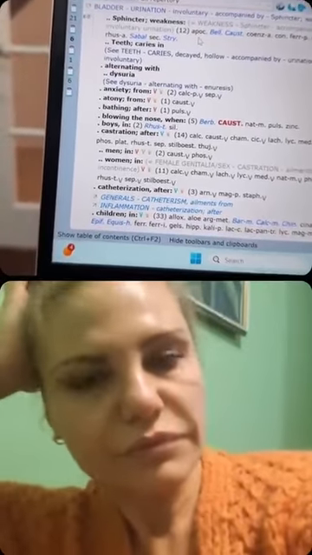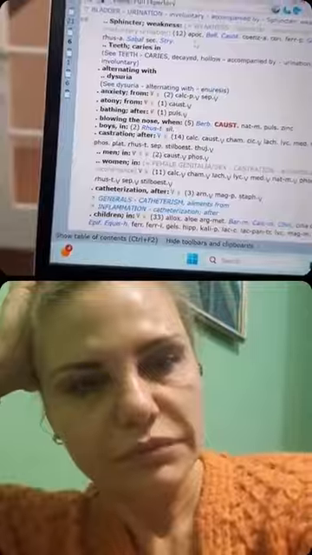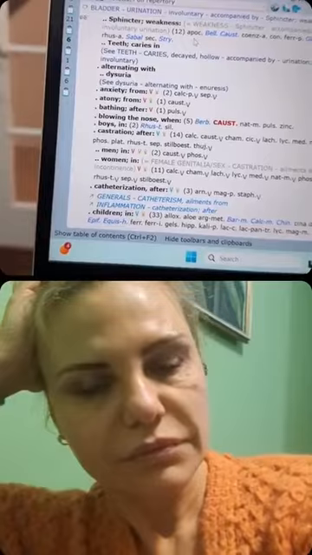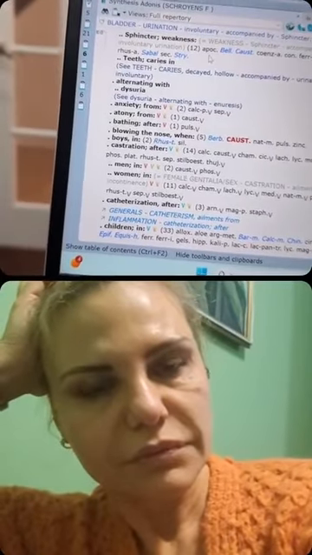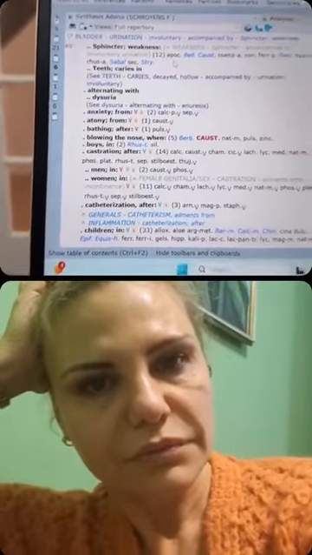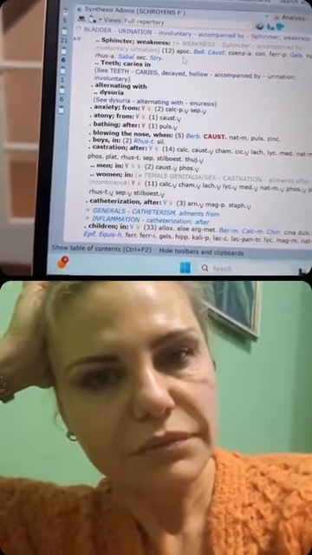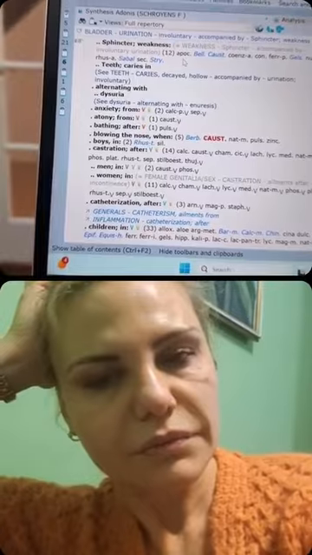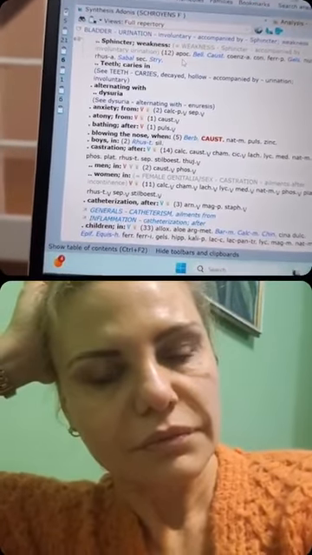The bladder and the urethra have one sphincter, and that sphincter allows the urine to pass out. Because of weakness of it, the urine goes on involuntarily.